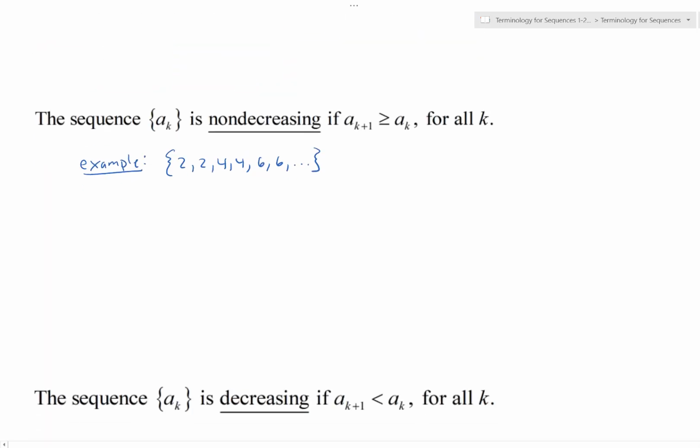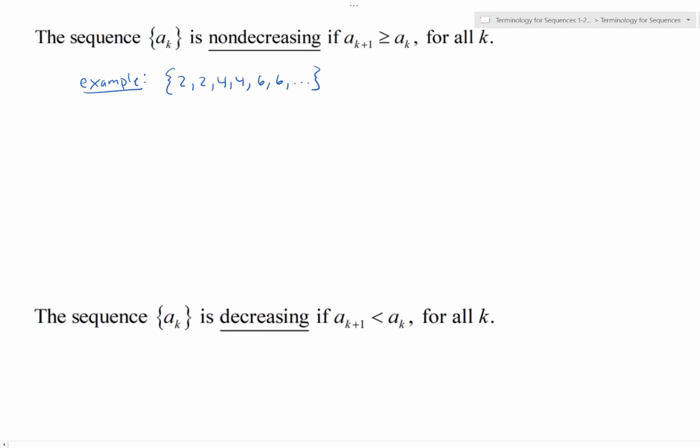On the contrary, what if you're decreasing? If you're decreasing, then you have a sequence a sub k in which each next term is smaller than the previous term. So a sub k plus 1 is always smaller than a sub k.